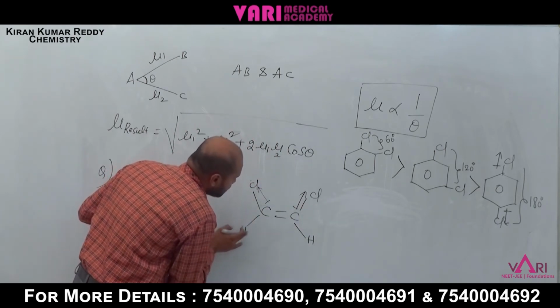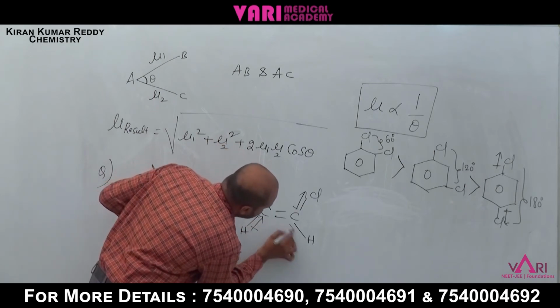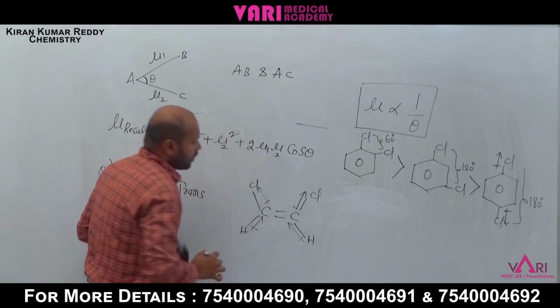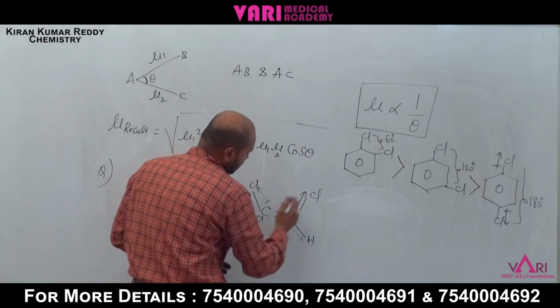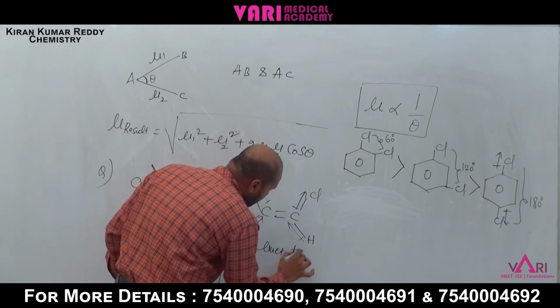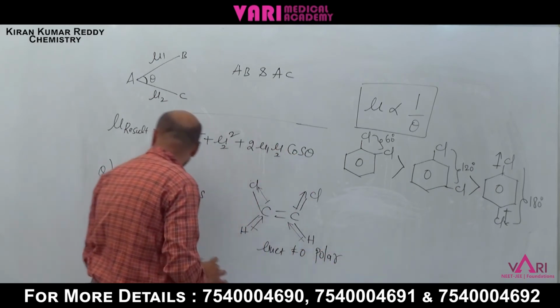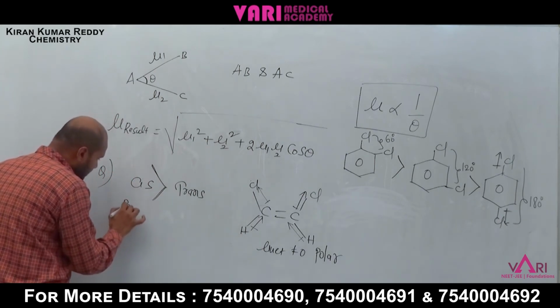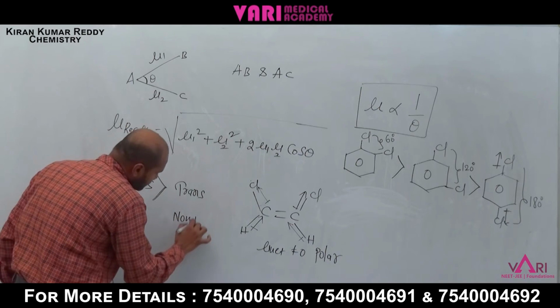From hydrogen to carbon, less electronegative to more electronegative, here also. This one is in this direction, this one also in this direction. Now mu net is not equal to 0. This molecule will be polar, cis is polar.